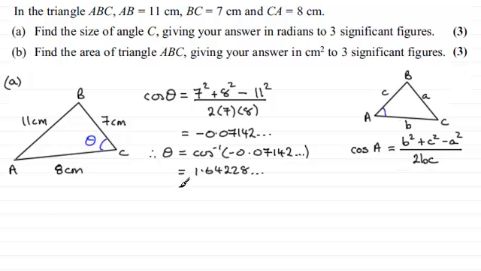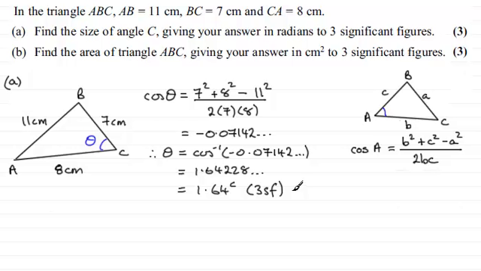So we've got to round this to 3 significant figures, and that angle then is going to be 1.64 radians. You could write the word radians, or you could even use the little symbol C here to denote radians, and I'll just mark that as 3 SF, 3 significant figures.